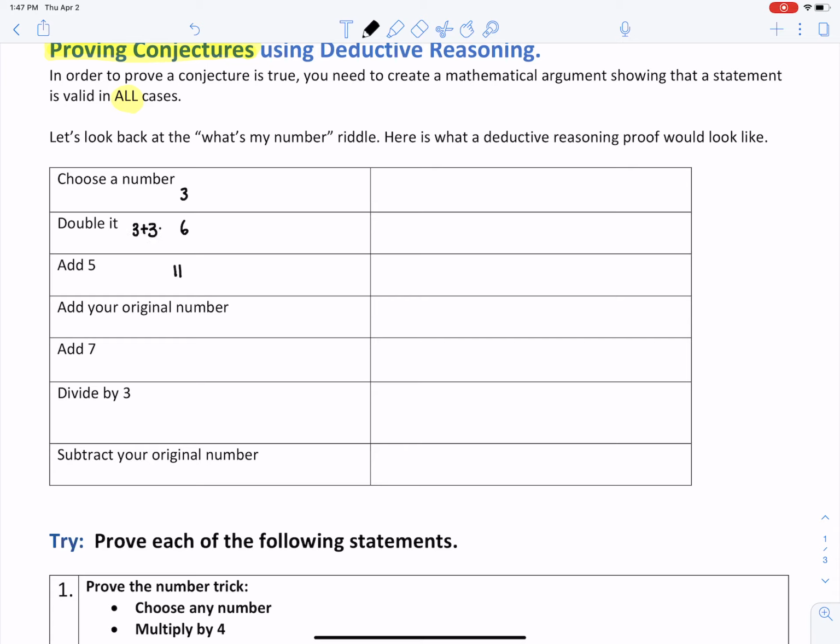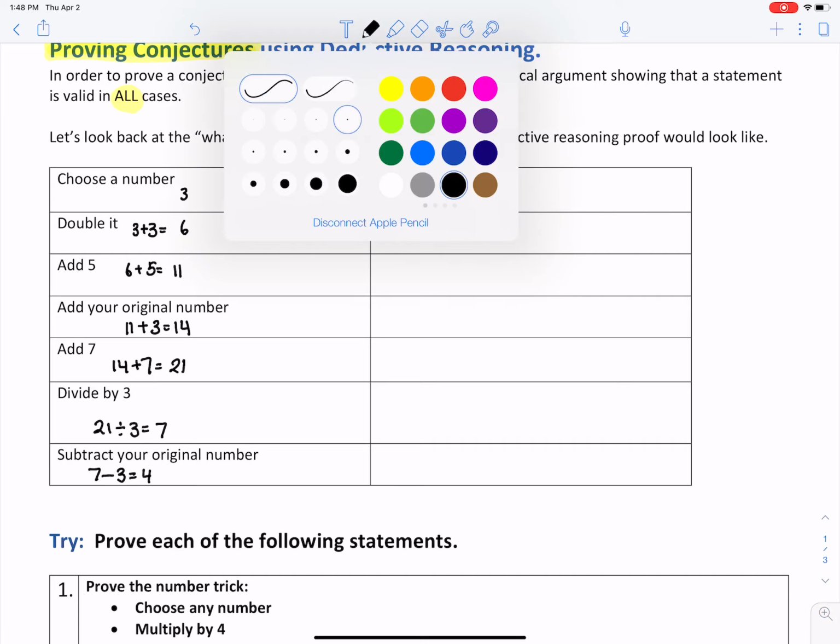Double it means add it to itself or multiply by 2. 6 plus 5 is equal to 11. Add my original number, which was 3, so 14. 14 add 7, 21. 21 divided by 3 is 7. And then 7 subtract my original number is 4. And I think our conjecture was that the number was always going to give us a 4.